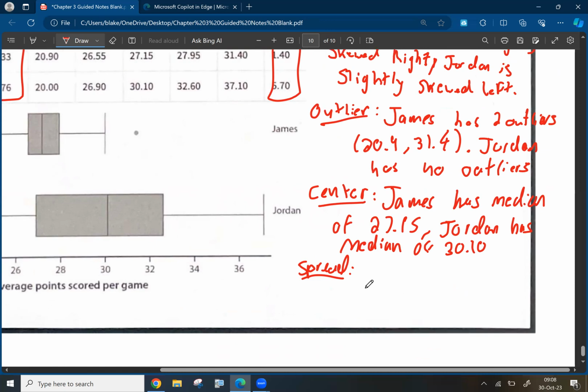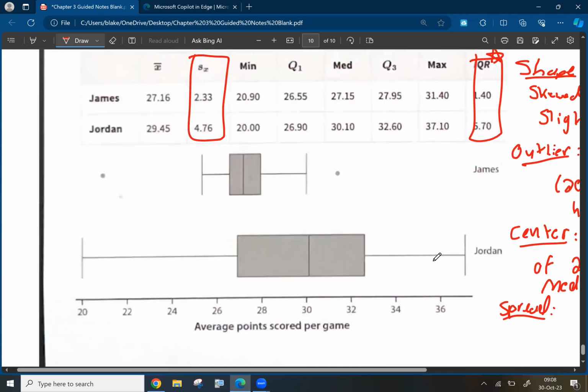So spread. As you can see visually, look at Jordan's. Jordan's data is much more spread out than James's, right? James is much more compact with a couple outliers. Jordan is much more spread out. And you can see that in the IQRs because James's IQR is much lower. It's 1.4, whereas Jordan's is much larger at 5.7. So this tells us that James's spread is very small and Jordan's spread is very large.